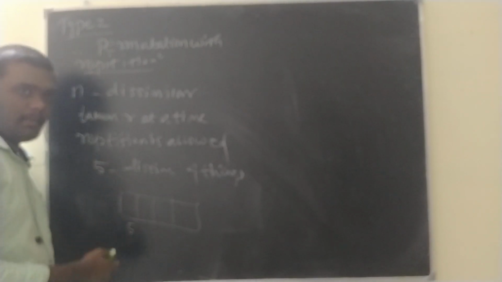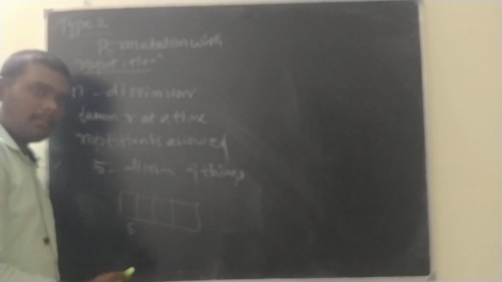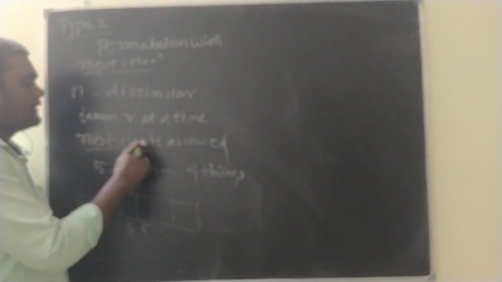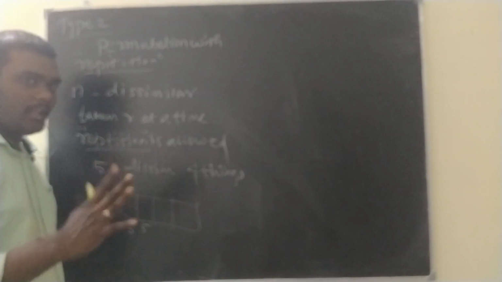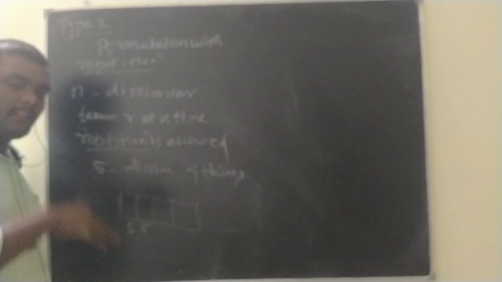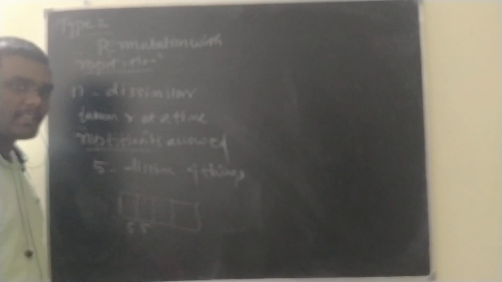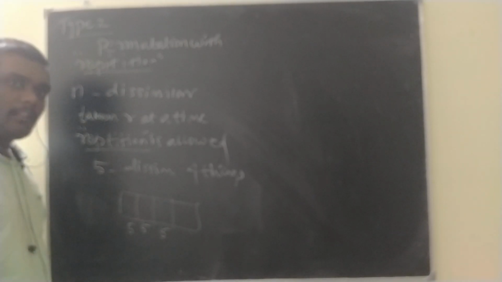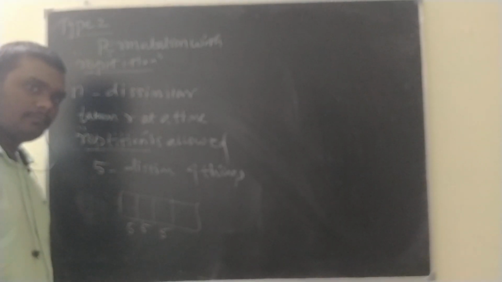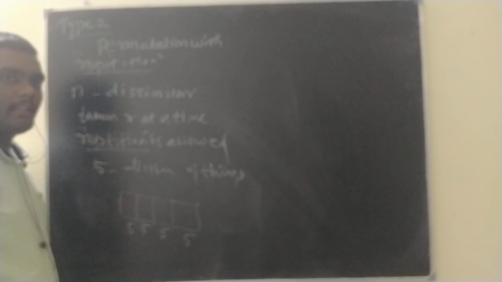All the 5, anyone can be used here. Second box has the same 5 chances because repetition is allowed. Previously we didn't have repetition, but here when they say repetition is allowed, the second box also has 5 chances. Then the third box also has 5. The fourth box also has 5 chances.